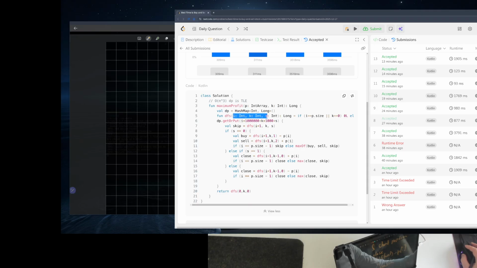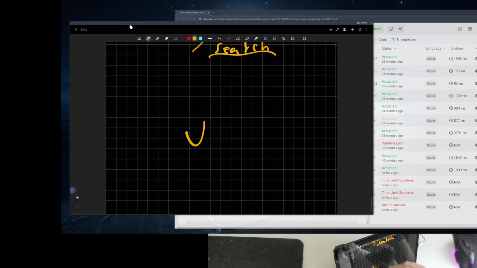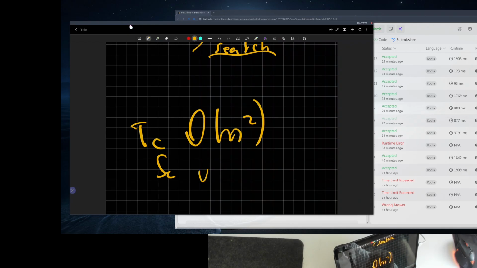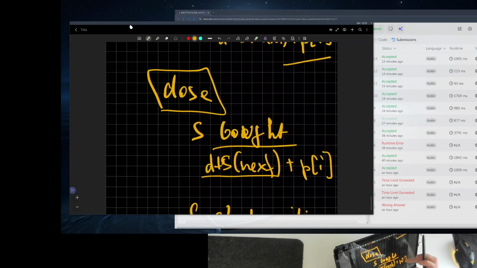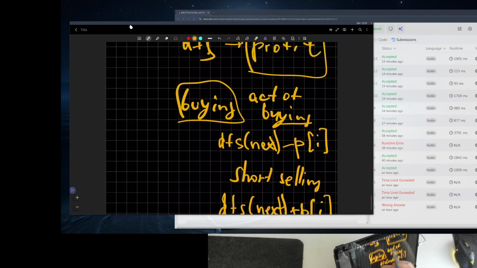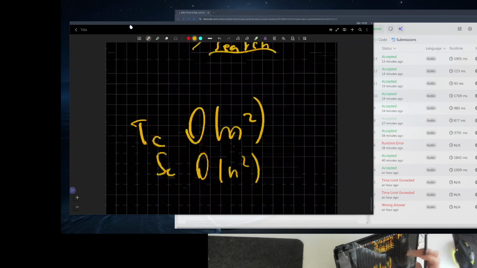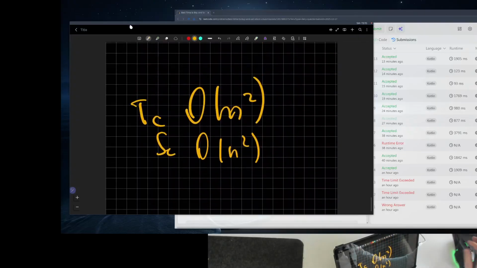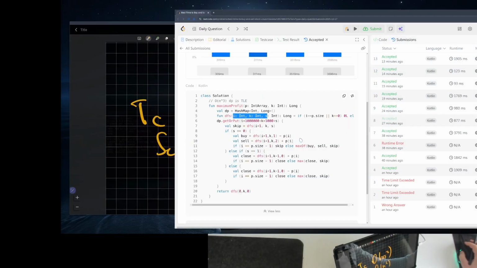The time complexity is n squared, and the space complexity is the same. The state gives us just three positions, so it doesn't actually count for the space or time complexity.